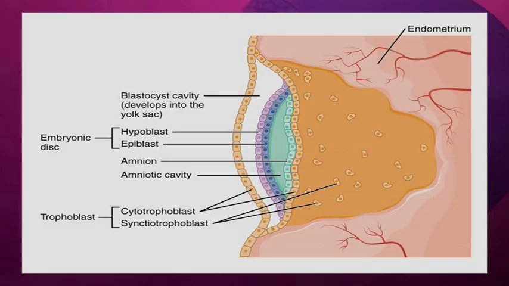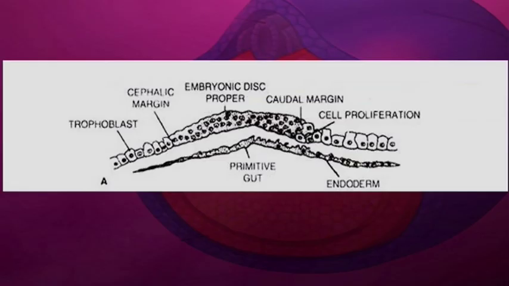The endoderm then differentiates into the primitive gut. A part of it gives rise to the digestive tract and the other portion forms yolk. After the formation of endoderm, the remaining cells of the inner mass form the embryonic disc, which has three parts, namely cephalic margin, embryonic disc and caudal margin.